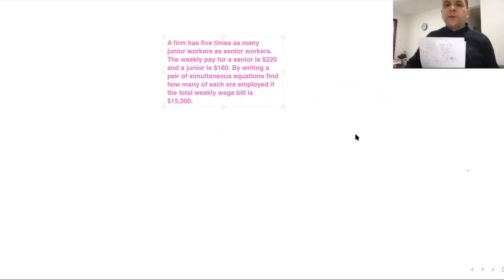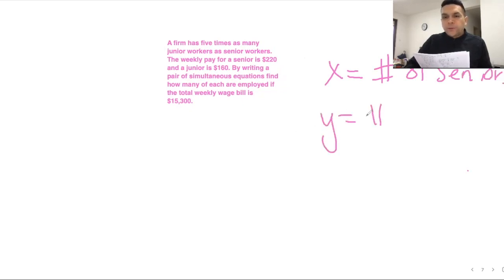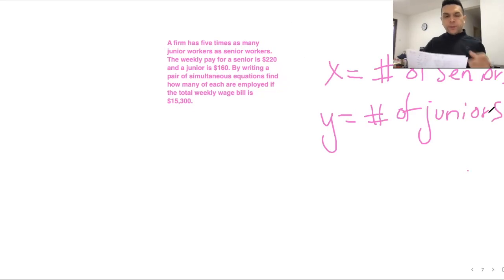All right, so let's see. You want to use two variables. I'm going to let my x variable equal the number of senior workers, and my y equal the number of juniors. And I'm going to make two equations.